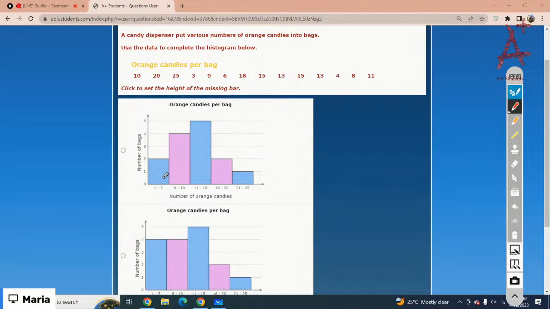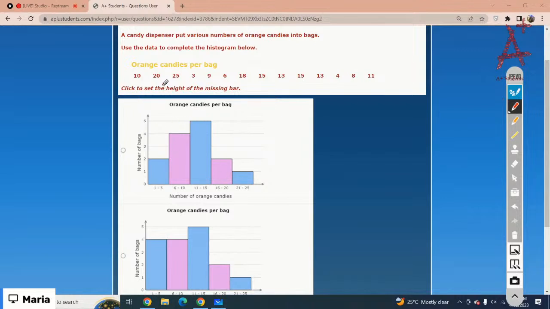So option number 1 matches the 2. Then 6 to 10. 1, 2, 3. Wait, let me confirm. 1, 2, 3, and here you have 4. Four values from 6 to 10. So here you can see it matches with the 4.